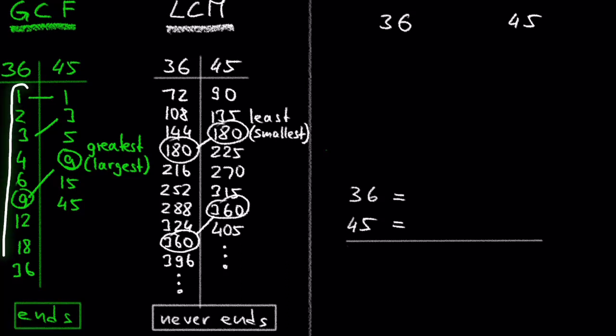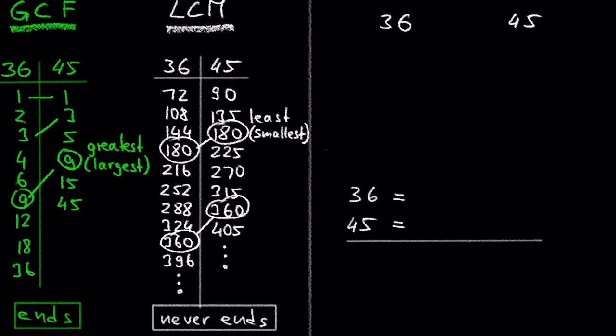Because these are the only numbers that divide into 36 evenly, and these are the only numbers that divide into 45. There's no other number which divides evenly without a remainder left over into 36 or into 45. With these two lists, we found the greatest common factor and the least common multiple of 36 and 45.